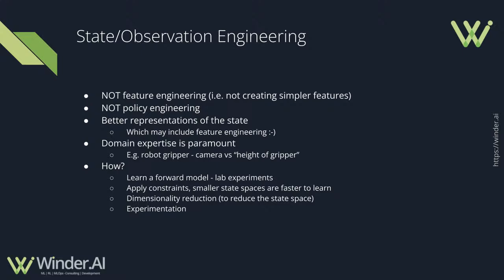And so how do we do that? Well, I wouldn't say it's that common, but it's probably the best: sometimes it's possible to learn a model from laboratory conditions that converts an observation of the state into the state. So basically you have a real life version of that system under test.